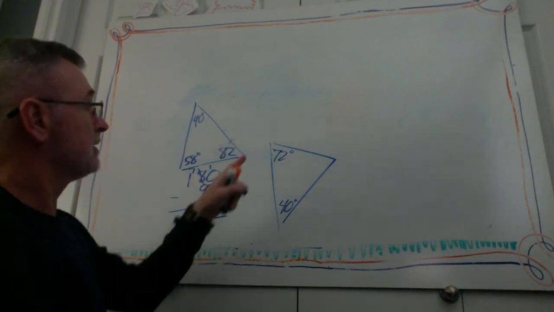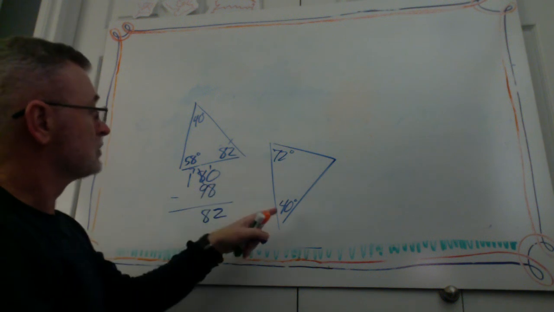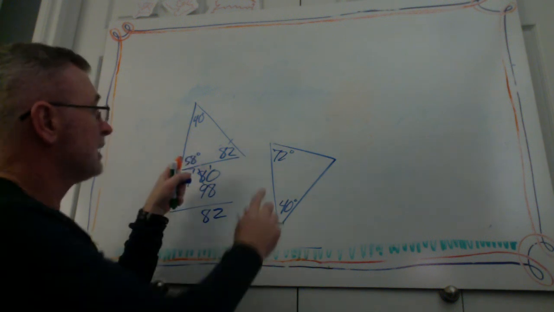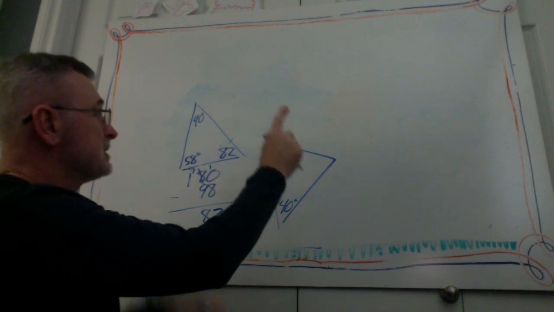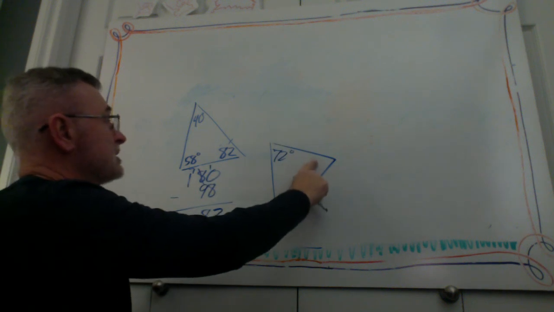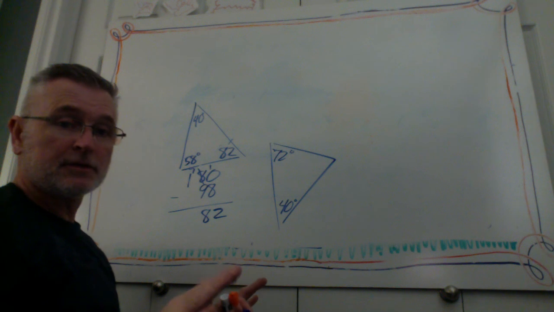Now, it does not match that angle. So this is 40, 40, and then 72. That means this is going to be 68 over here. So they do not match. Okay.